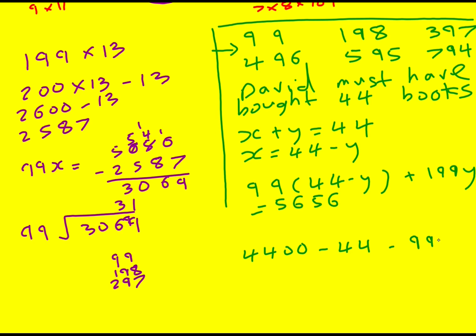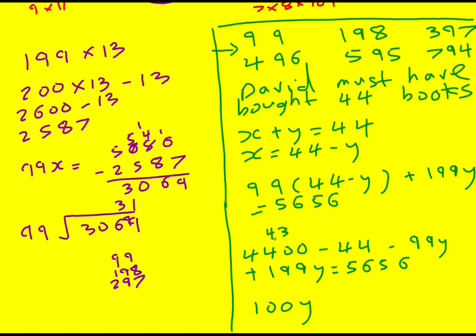Then minus 99y plus 199y is 5656. That means that 100y is 5656 minus 4356, which gives me 1300. Divide through by 100 and we get 13, using this algebraic approach rather than our guessing.